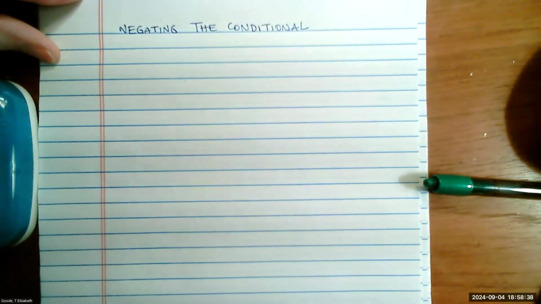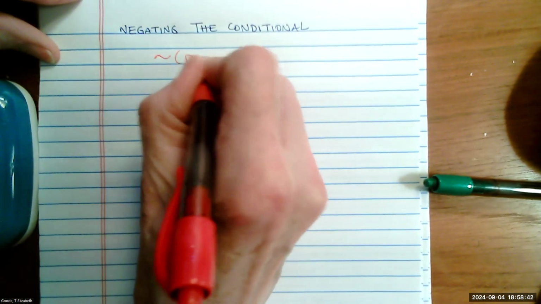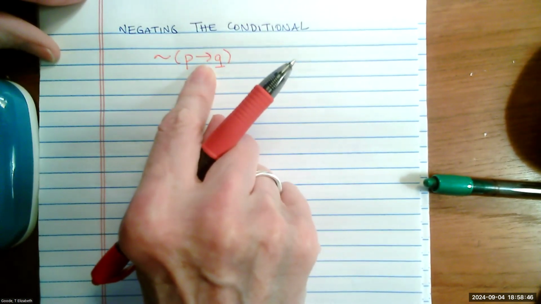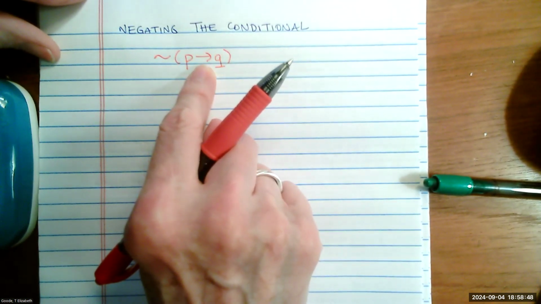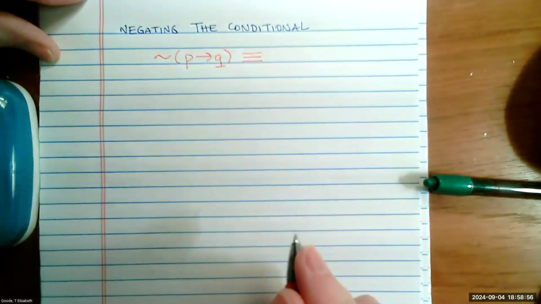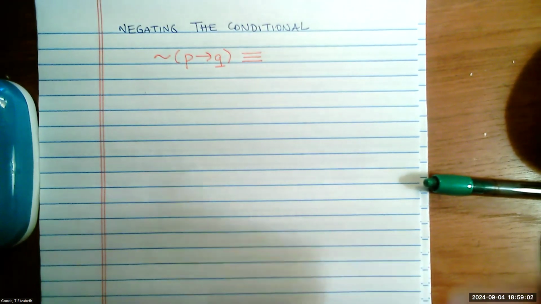Okay, so here's the rule to know. If we want to negate if P then Q, there is not an operator that is an arrow with a slash through it, unfortunately. We don't have that operator, okay? So what we really have to do is think about what it means to say, hey, P didn't imply Q. And this is what it means.